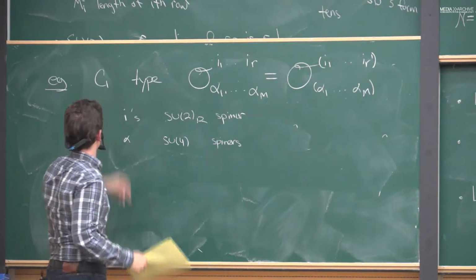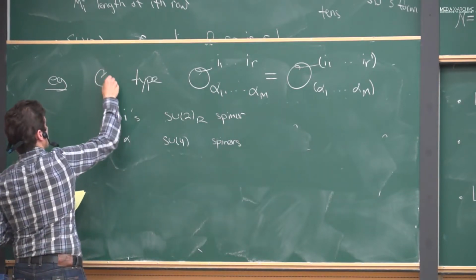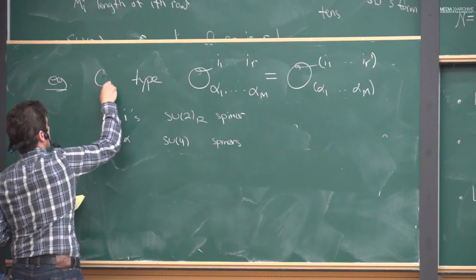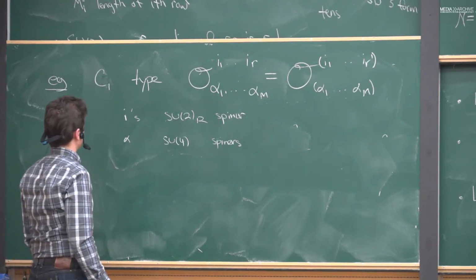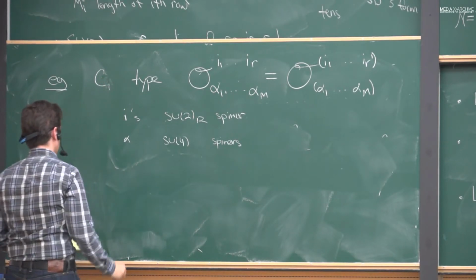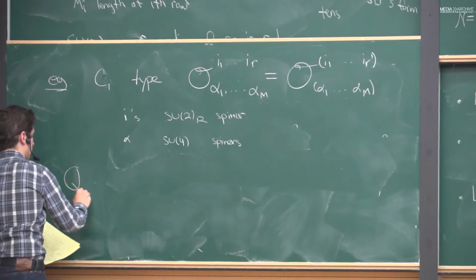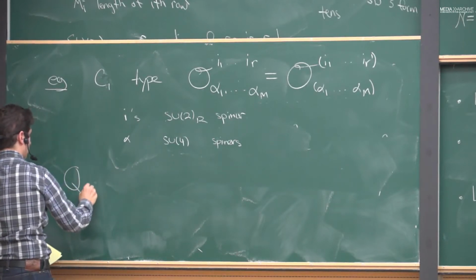And this guy, because this is C1, has a null state at level 1. What is that null state? Well, I didn't write it there, but one can work out.